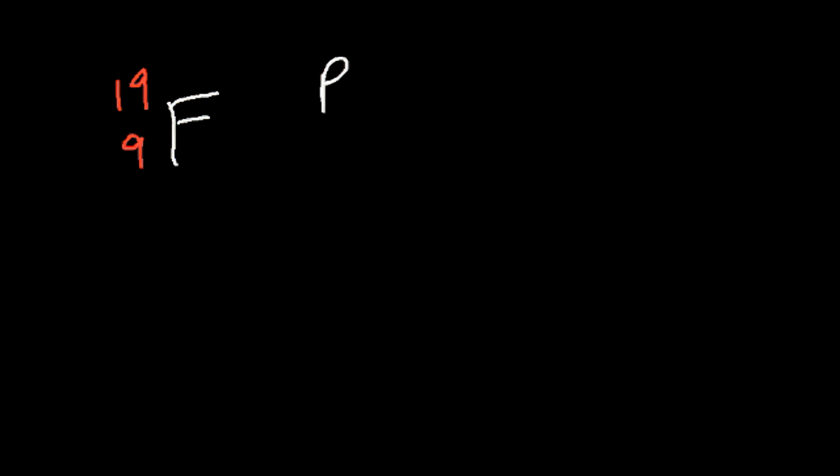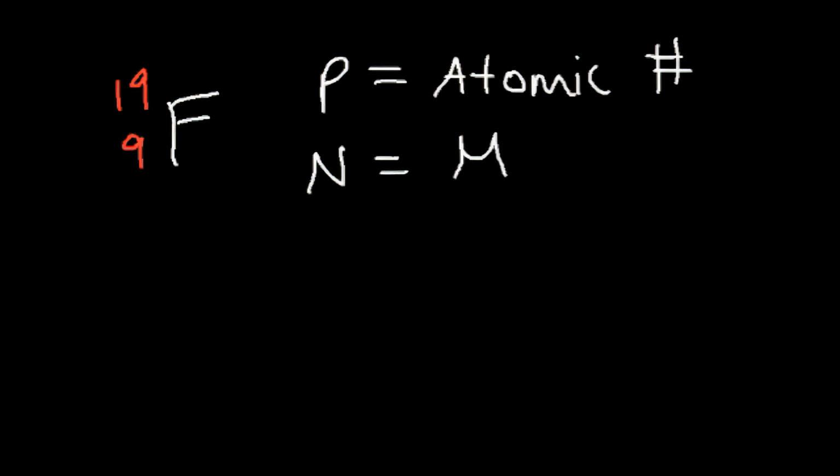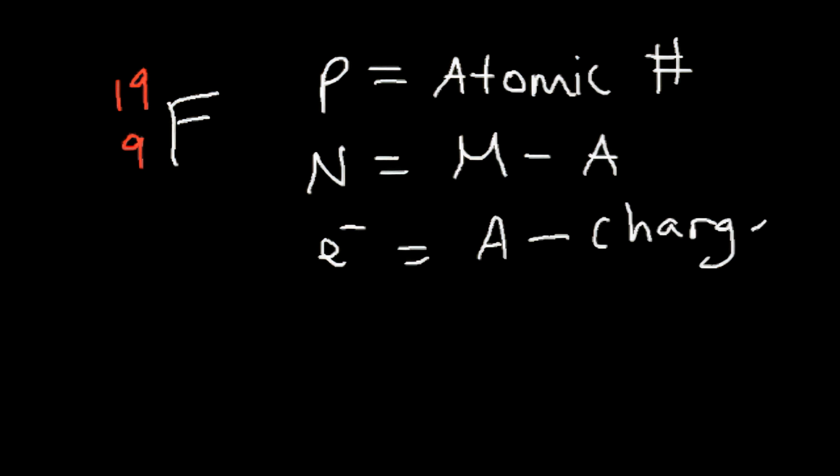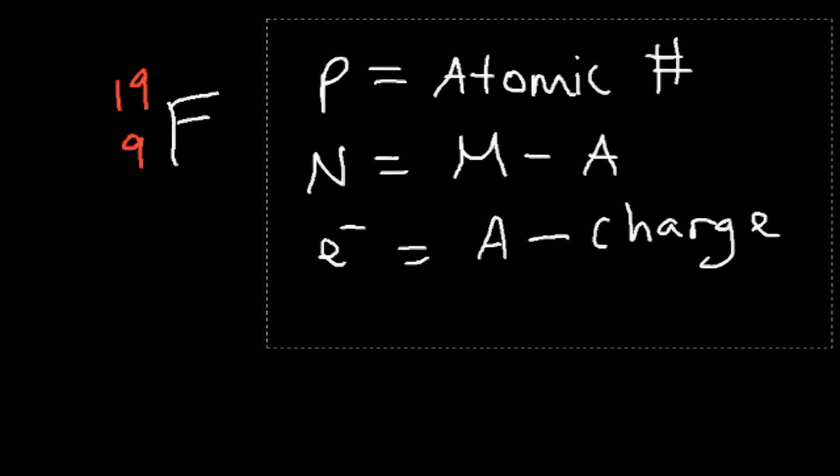To find the number of protons, it's simply equal to the atomic number. The number of neutrons is the mass number minus the atomic number, and the number of electrons is the atomic number minus the charge. If there was a charge, it would be right here. But if there's no charge, we have a neutral atom, which means the protons and electrons are equal.